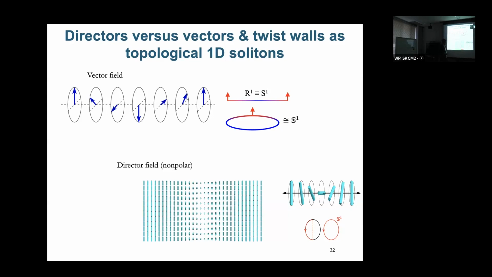And that again corresponds to mapping from the circle that you get by identifying the far field background orientations, which corresponds to only 180-degree rotation, to another circle, which is the order parameter space with such 180-degree rotations.